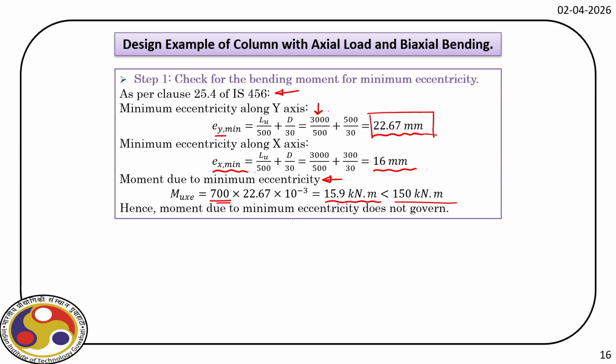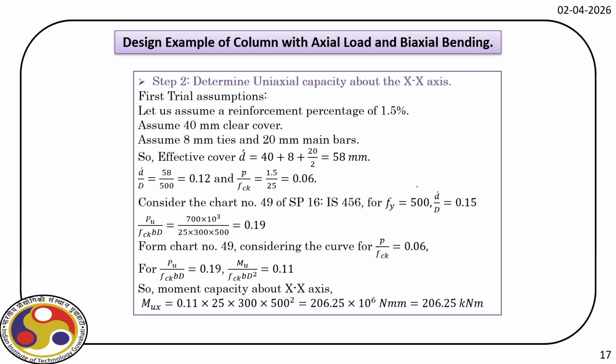Hence, moment due to minimum eccentricity doesn't govern, and we have to now consider the biaxial bending. Now, in step 2, first determine the uniaxial capacity about XX.